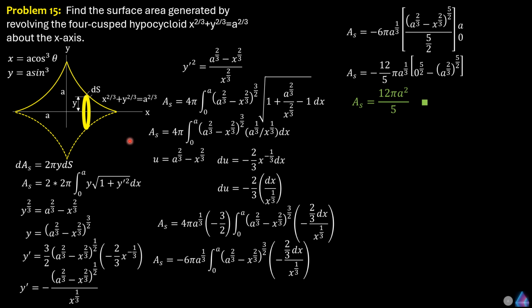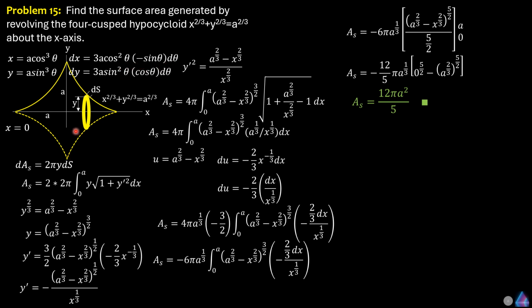So differential x, y is a sine cube theta, differential x is 3a cosine square theta times negative sine theta d theta, while the differential of y is 3a sine square theta times cosine theta d theta. So that y prime or dy dx is 3a sine square theta cosine theta d theta divided by 3a cosine square theta times negative sine theta d theta.